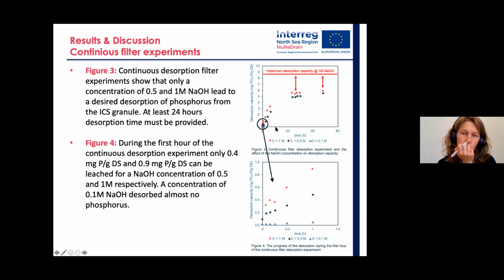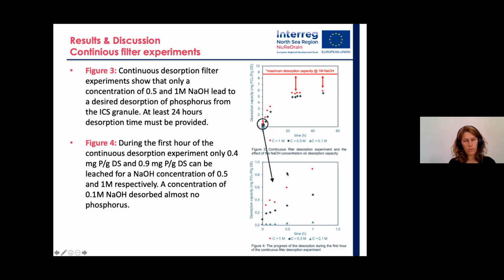As you can see on the figure, the concentration of 1 molar of sodium hydroxide, that's about a pH of almost 14, was used as the control, and the concentration of 0.5 gives good results. The results of the concentration of 0.1 was too low.